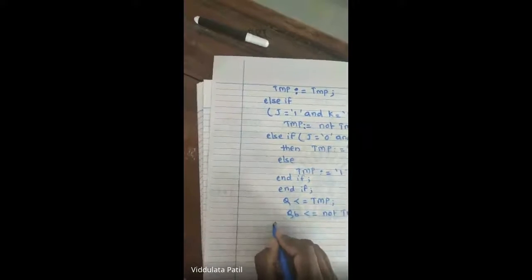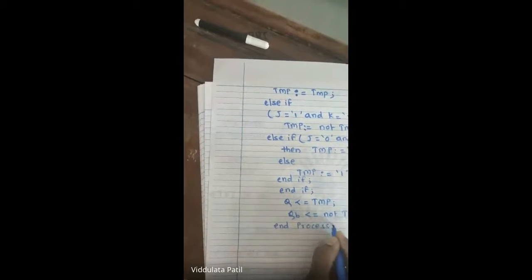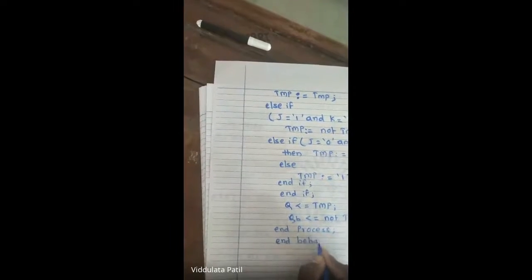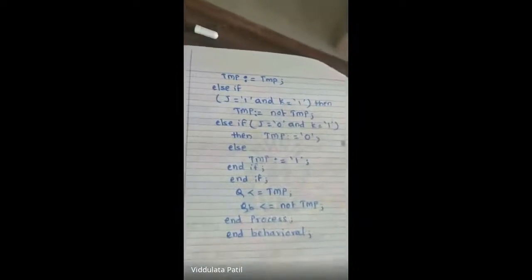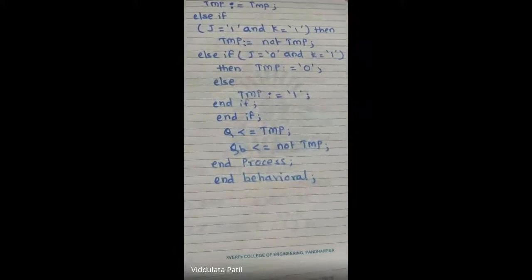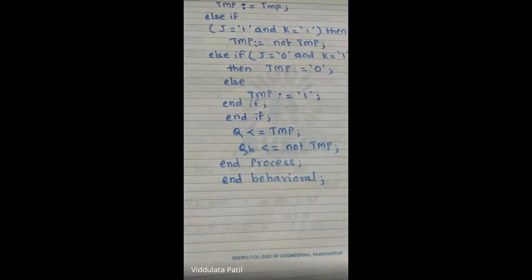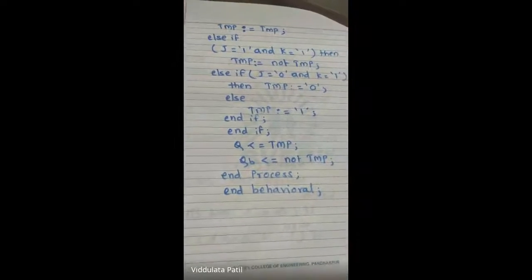End of this process then, and end of the behavioral. Okay, so this is the VHDL code of JK flip-flop. Okay, so does anybody have a doubt about this code?